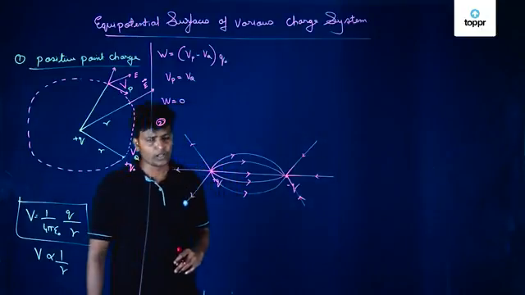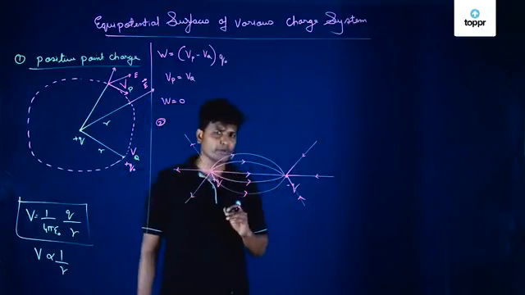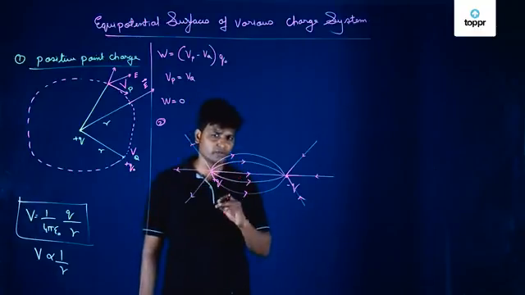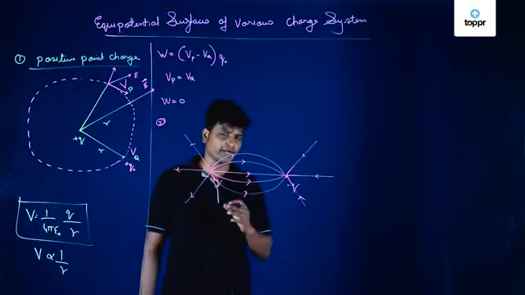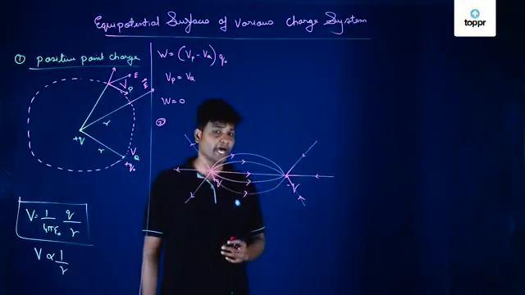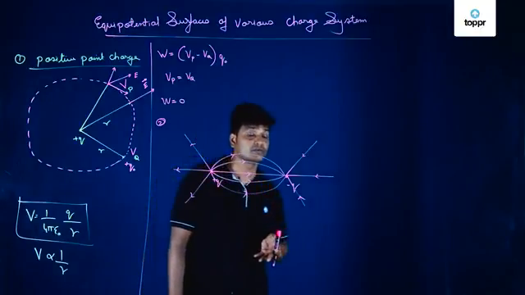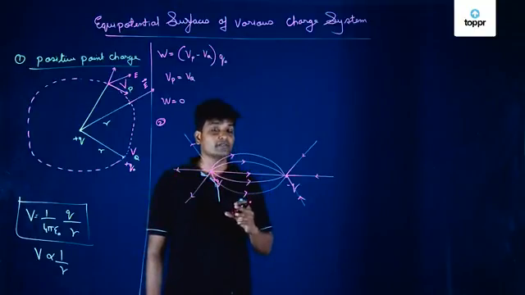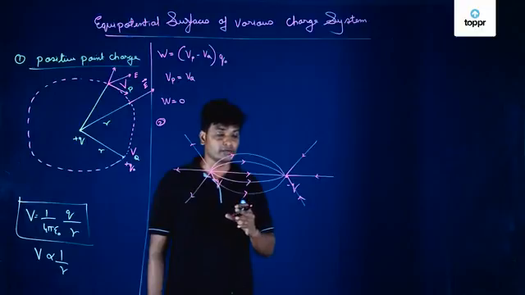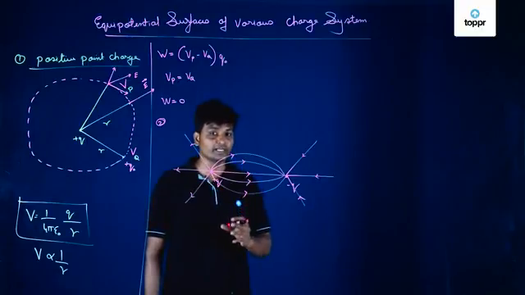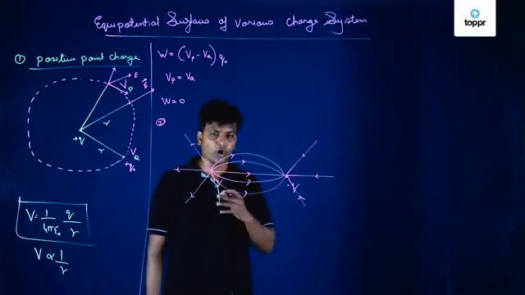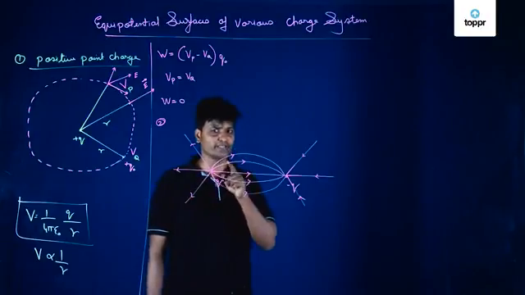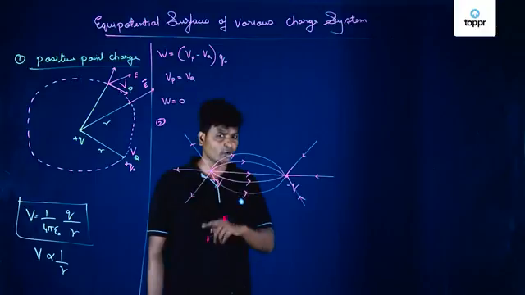Now, if you remember the properties of electric field lines, you will come to know that electric field lines are more crowded where the electric field is stronger, or I can say the electric field is stronger where the electric field lines are more crowded.